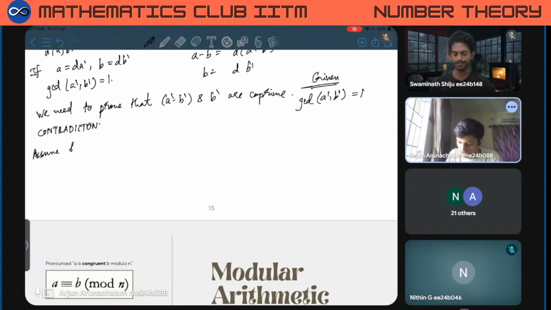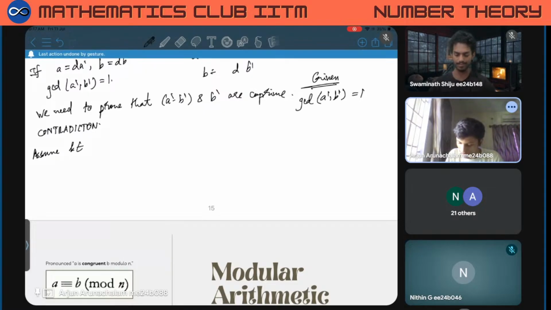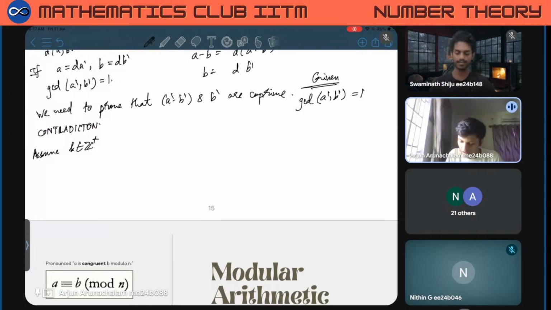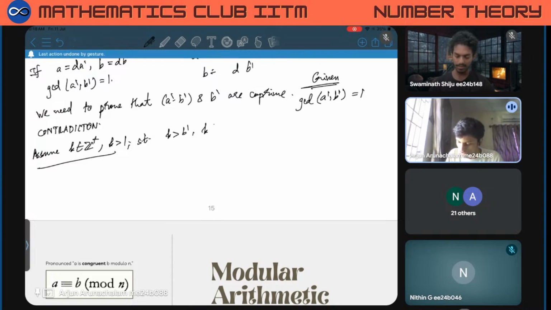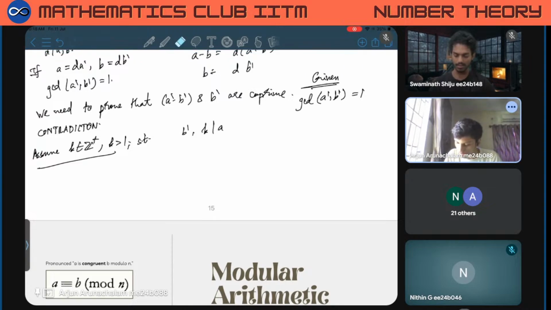So basically there exists some k which belongs to the set of positive integers, and k is greater than 1 such that k divides b dash and k divides a dash minus b dash.